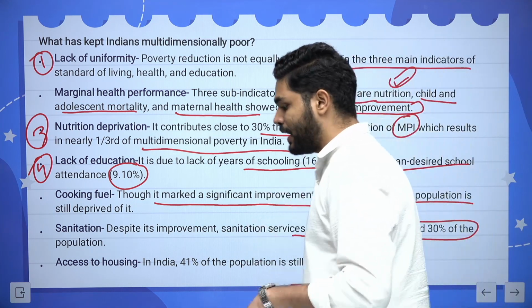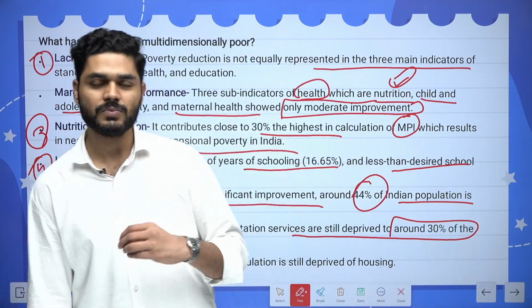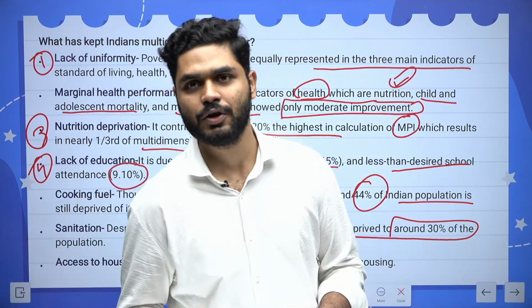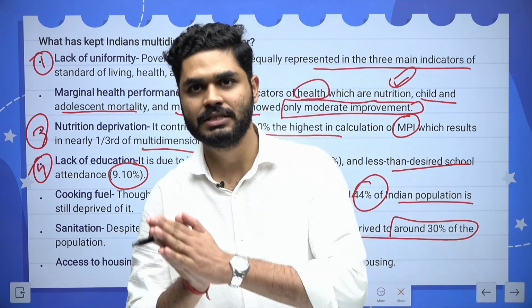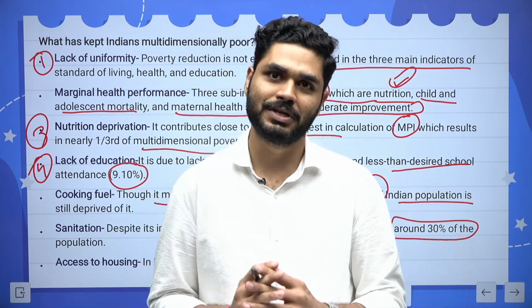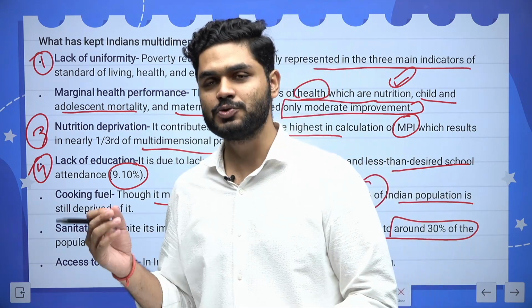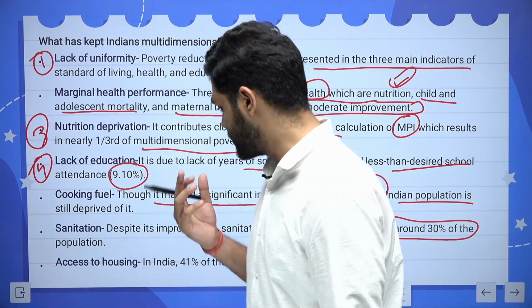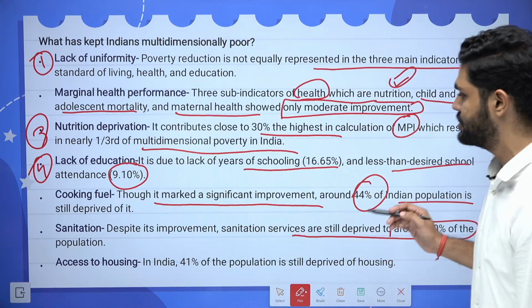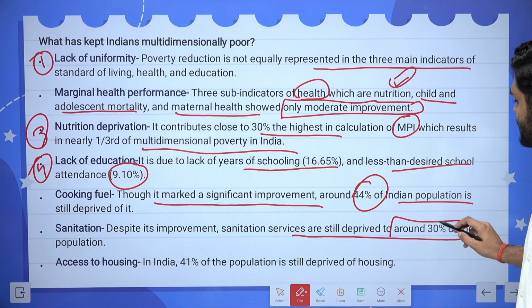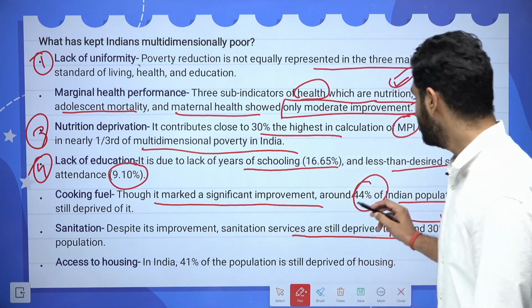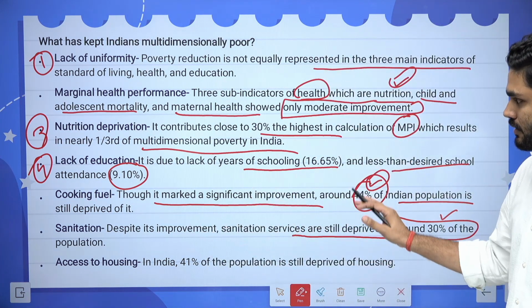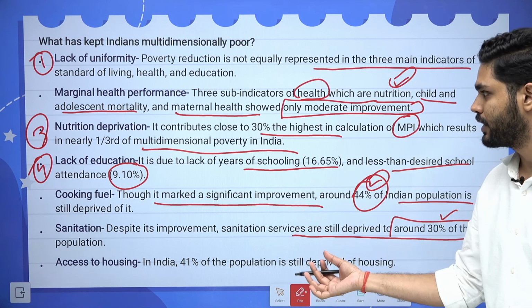Despite all the cleanliness drive, where people are accepting that the time has come where India should also be clean like other countries, Swachh Bharat Abhiyan, the sanitation which is required is still lacking for about 30%. And the cooking fuel is already lacking for 44% of people.